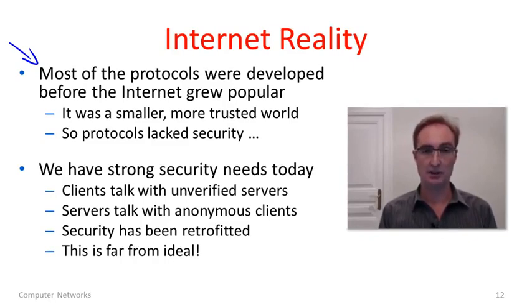When they were developed and deployed and first used, the internet was a smaller and more trusted world. Initially, it was almost a bunch of academics talking to one another, you could think, is a reasonable proxy for it. In this world, it was smaller and more trusted, more friendly, so security was simply a less pressing issue, and many of the protocols lacked any kind of reasonable security protection.